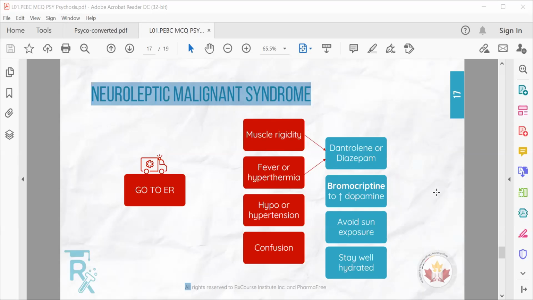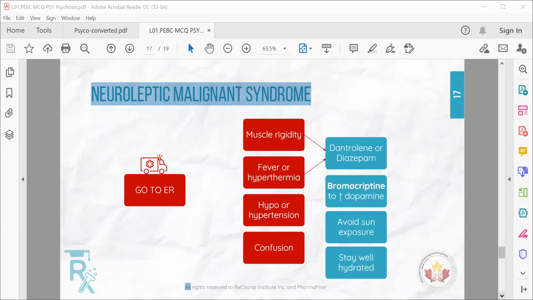Then I have to tell the patient to avoid sun exposure. Why? And to keep hydrated. Why do I have to tell him that? Because in NMS there is diaphoresis, and that is because we have to hydrate the patient.